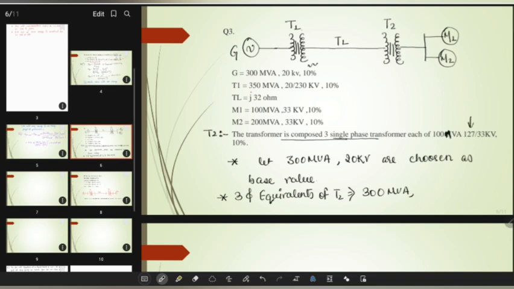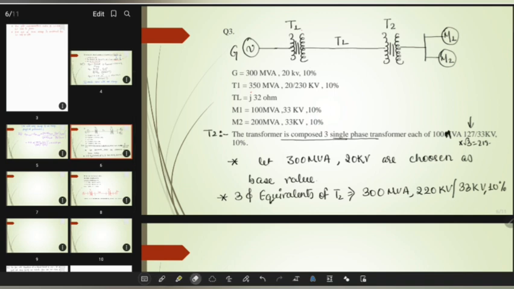This is the phase voltage 127, so we need to convert this into line voltage. 127 into root 3 will give you 219 point something. So we will take a round figure of 220 kV slash 33 kV and 10% reactance.